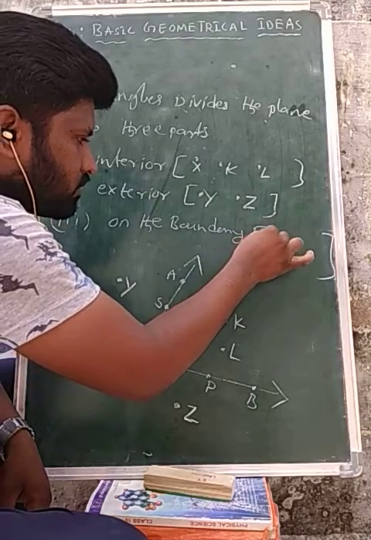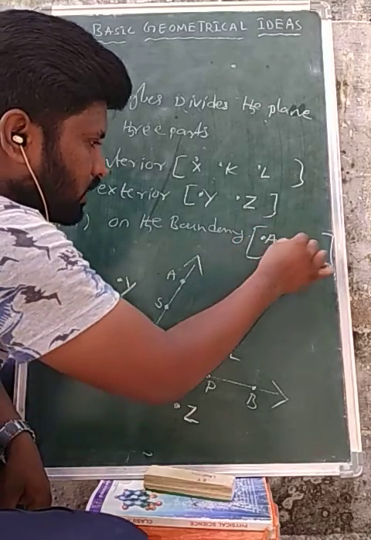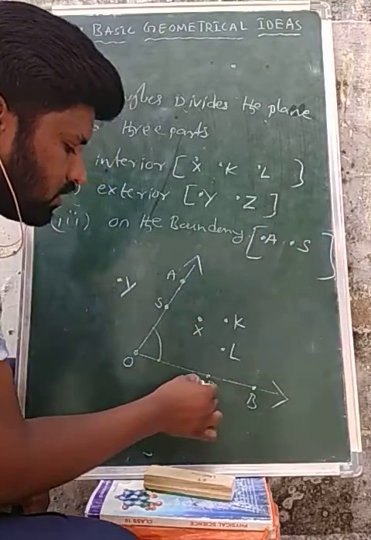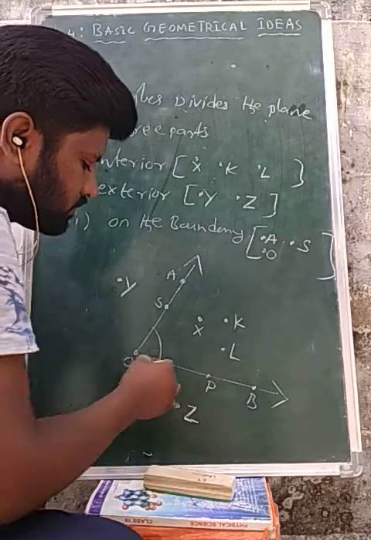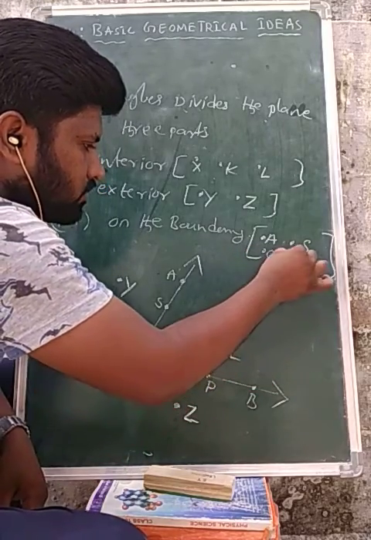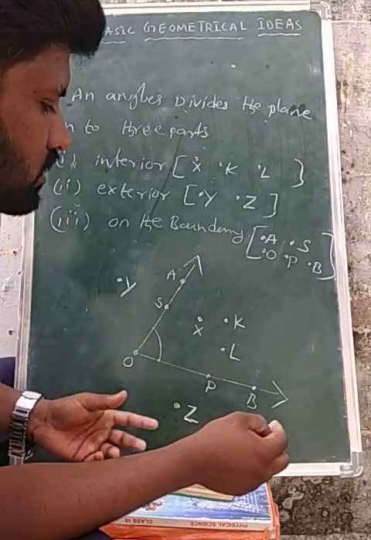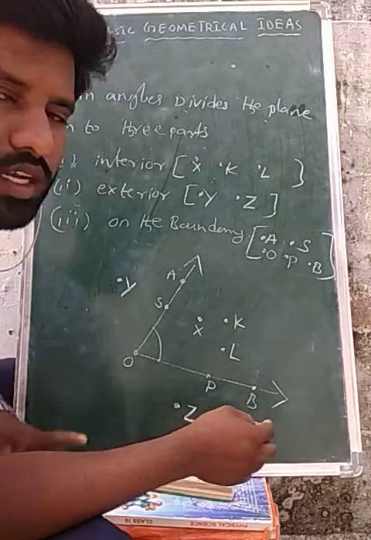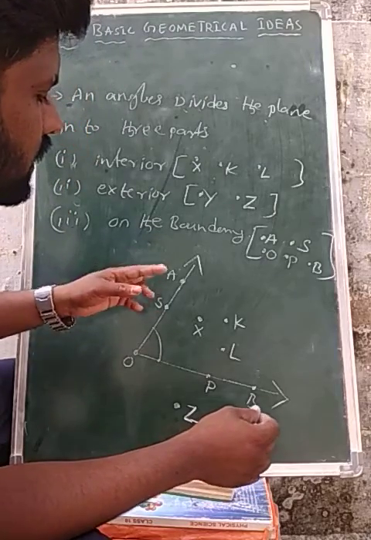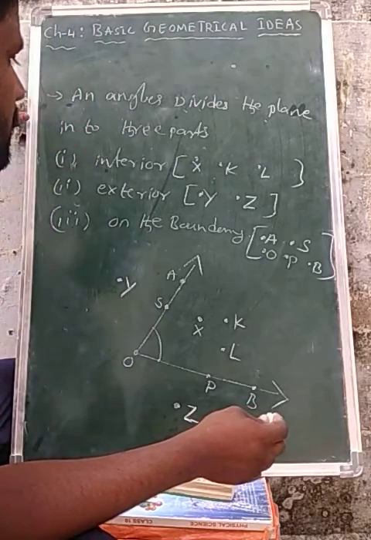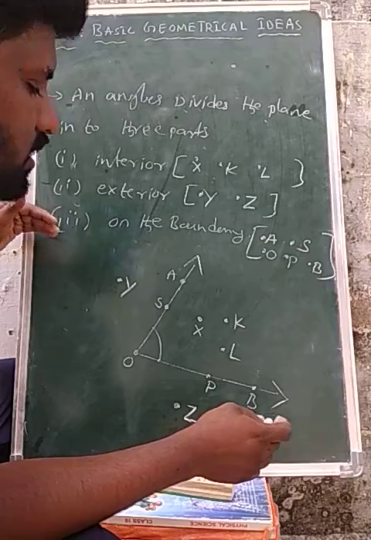Point A, point S, point O, point P, point B. So like this, an angle divides the plane into three parts: interior, exterior, and on the boundary.